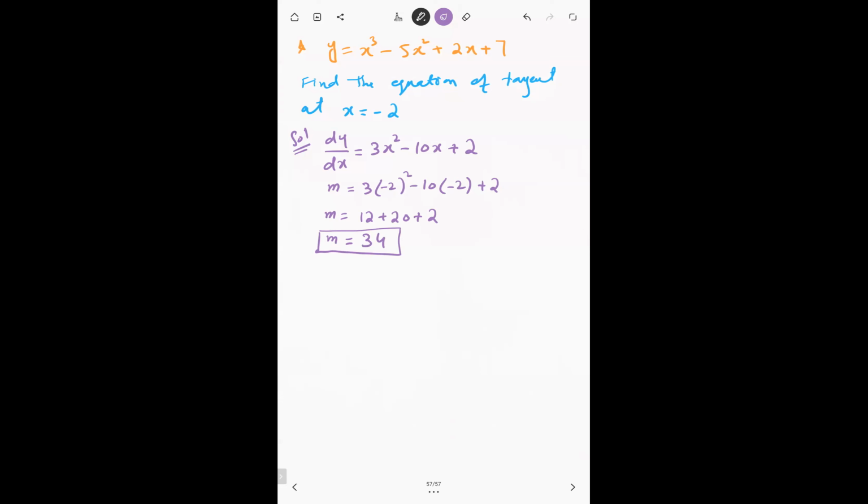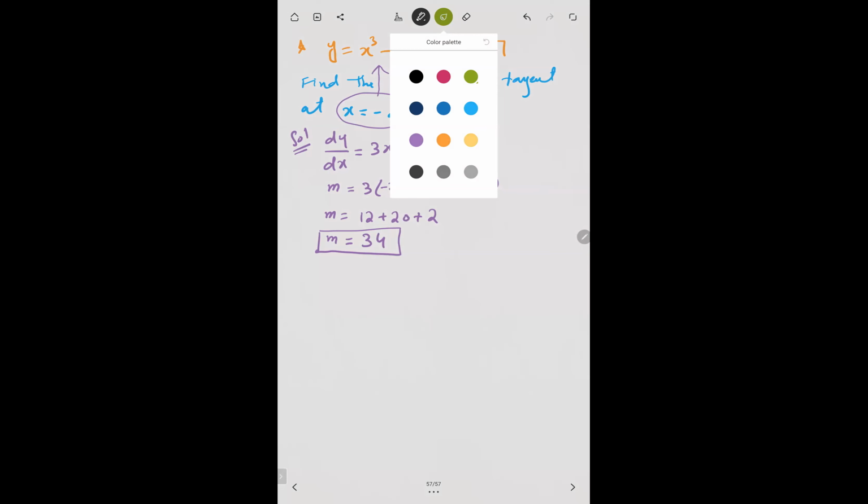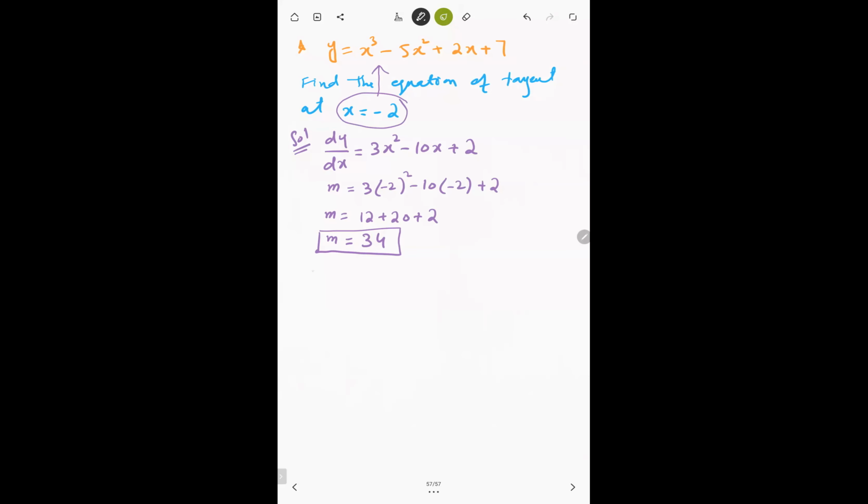Now to find the equation, we need a point on that line, and that point is simply put x is equal to minus 2 into the original curve. You can find the y coordinate. So y is equal to minus 2 cube minus 5 into minus 2 square plus 2 into minus 2 plus 7. What is y coordinate?